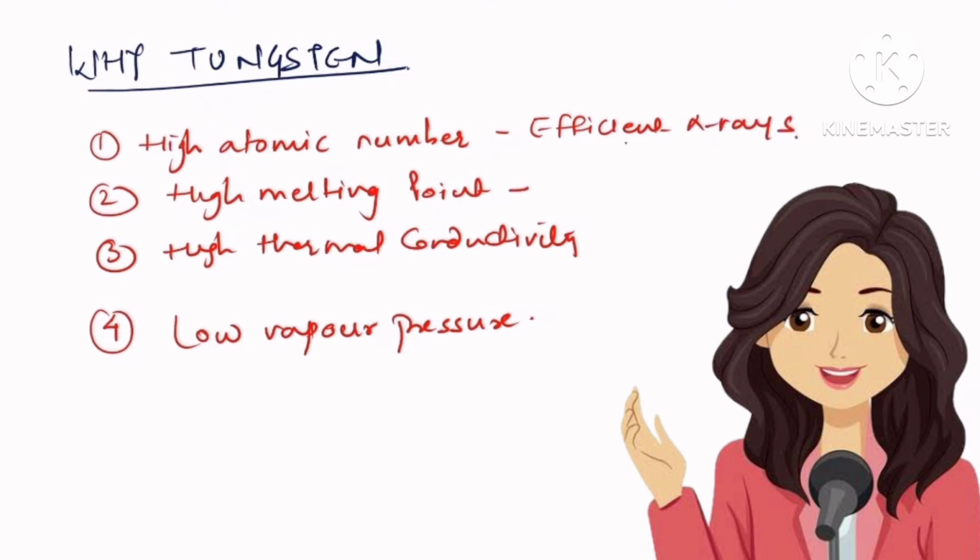High melting point: the X-ray tube works at very high temperature, so we need to use an element which has a high melting point so that it does not melt with such a high heat production.